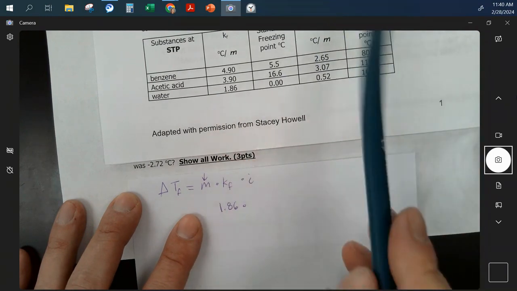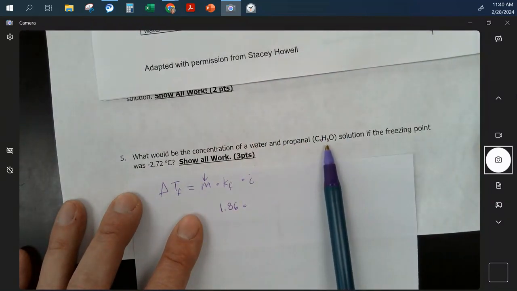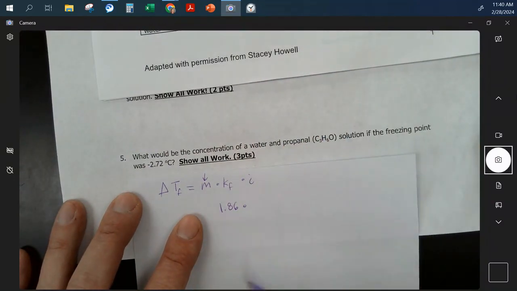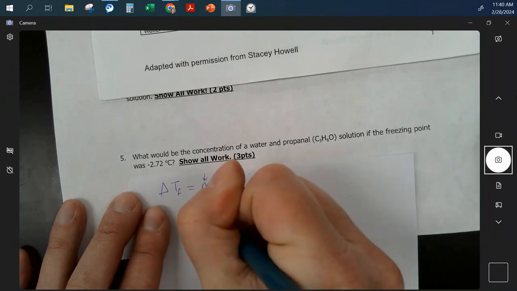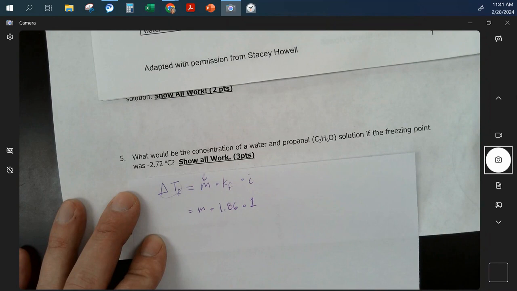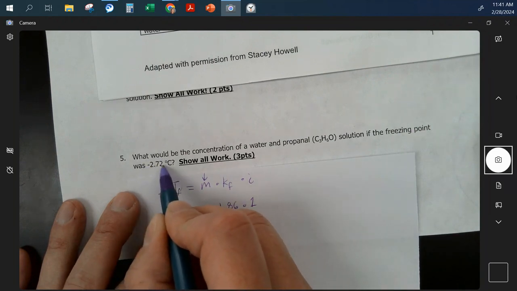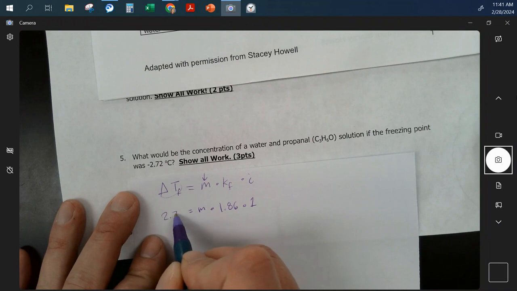How many particles will this compound break into? This one. Yep, so i is 1. We're looking for m. Tf. So what's the freezing point of water? You told me already. 32 Fahrenheit, 0 Celsius. So if it goes down by 2.72, the difference is 2.72.